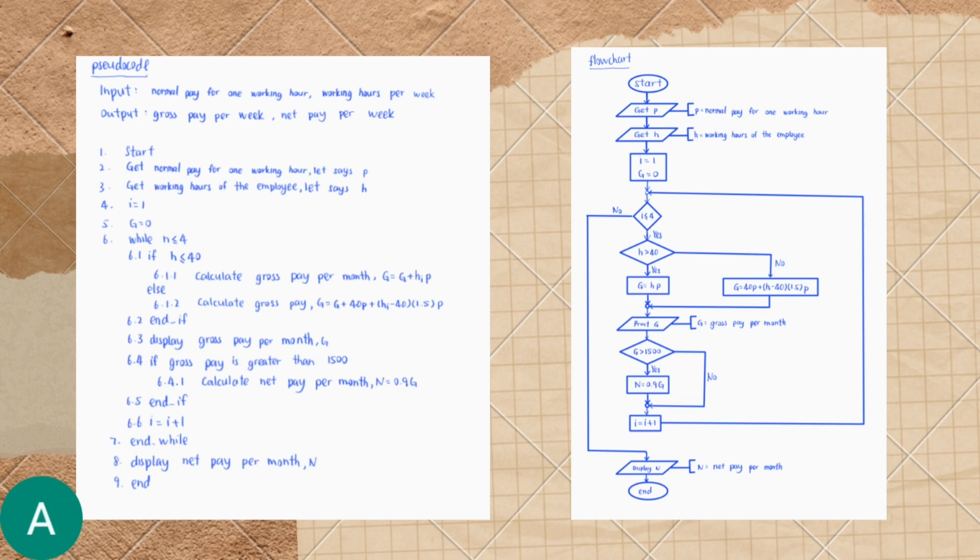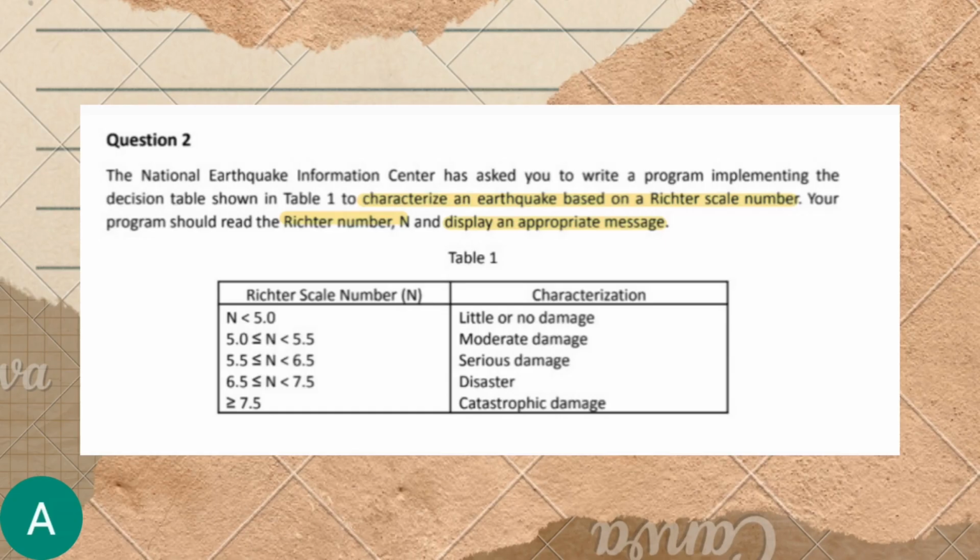After reaching I more than 4, we'll be displaying net pay per month of the employee and ending the flowchart right here. Now this is question 1 done. Now let's move on to question 2.